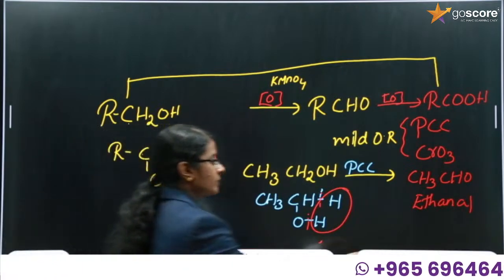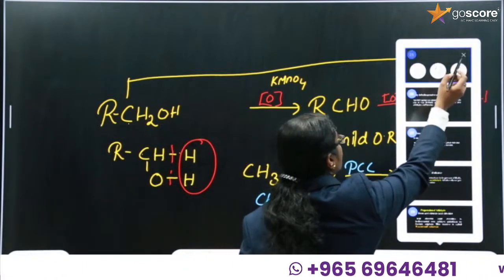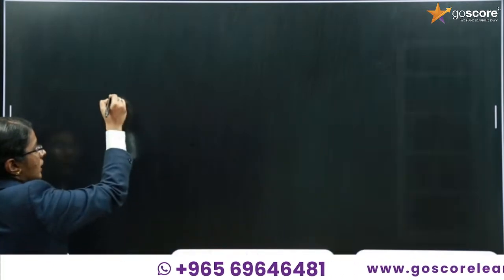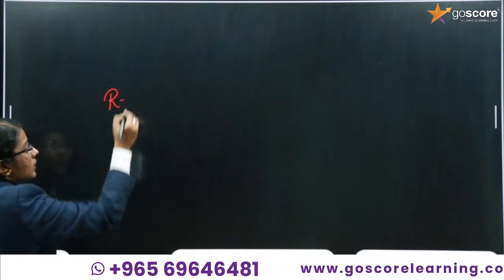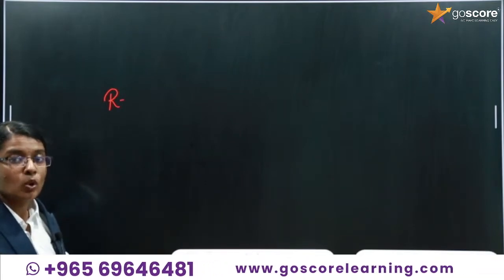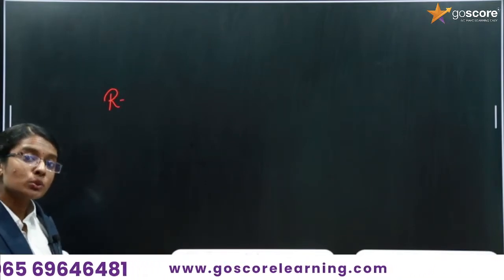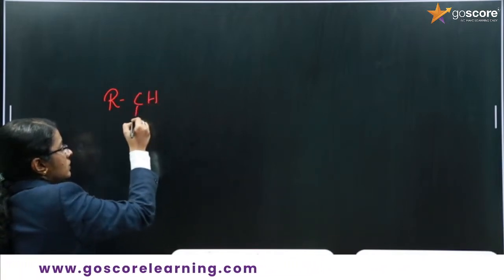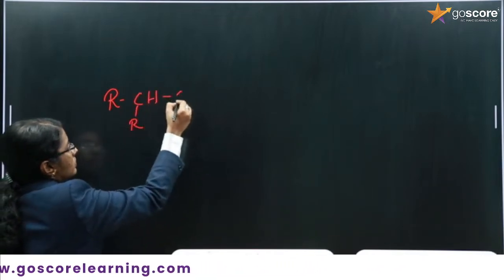Is that clear? So if we are taking secondary alcohol, tell me what is secondary alcohol? If the carbon atom of the OH group is attached to two alkyl groups, then it is called secondary alcohol.